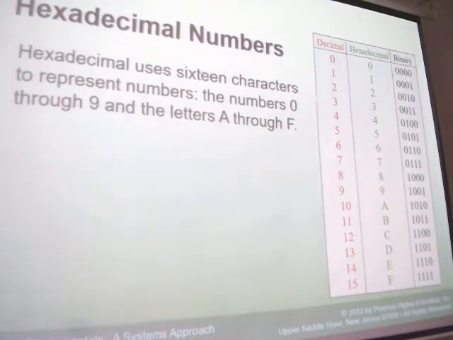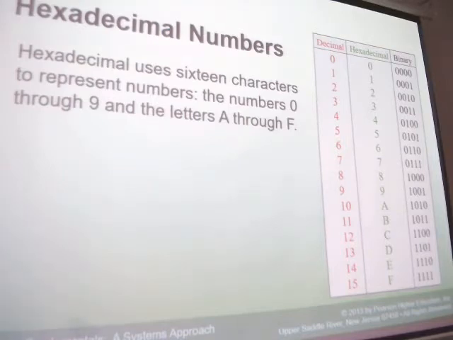The weight of this position is 2^0, right? This is 2^1. This is 2^2. This is 2^3. 2^-1, 2^-2, 2^-3, 2^-4.